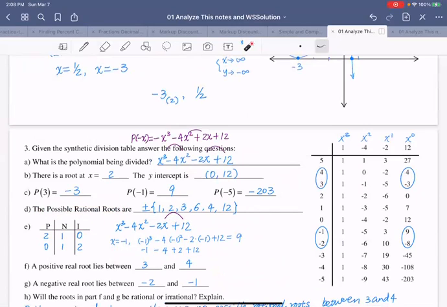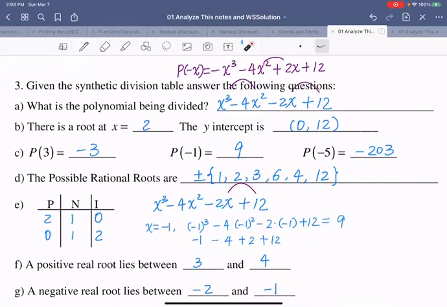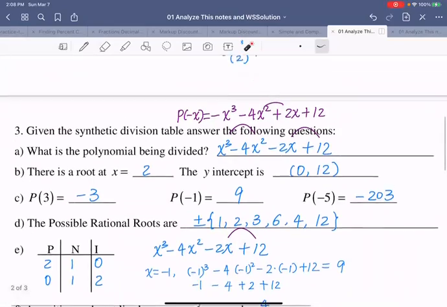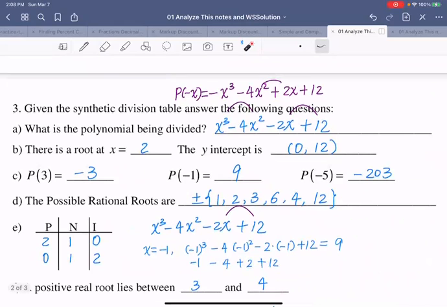And next one is called the PNI chart. I haven't taught you the PNI chart yet, so let me introduce it. So you have your original function as this. This is your P(x).